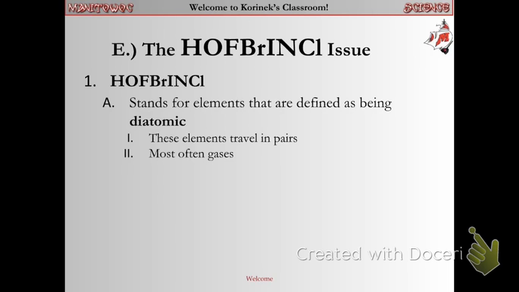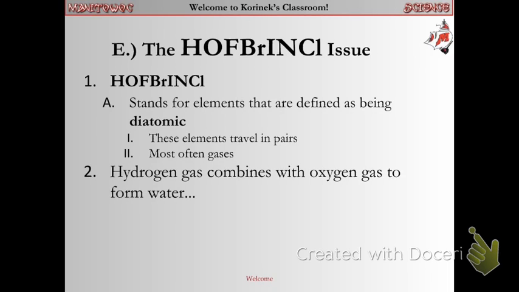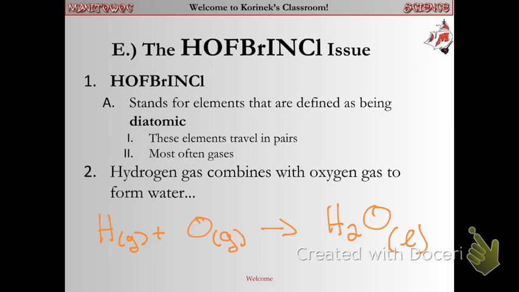So for example, if we take a look at hydrogen gas in its combination with oxygen gas to form water, what does that look like? Most of us, if we would just read this right now, would say, okay, hydrogen gas plus oxygen gas gives us water, if we cool it down to the liquid state. Okay? However, hydrogen never floats around alone.